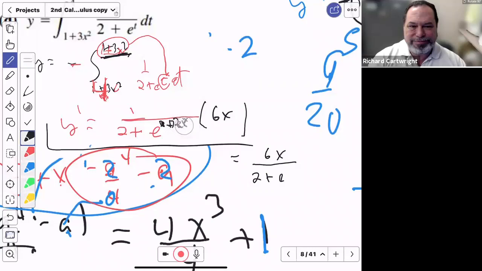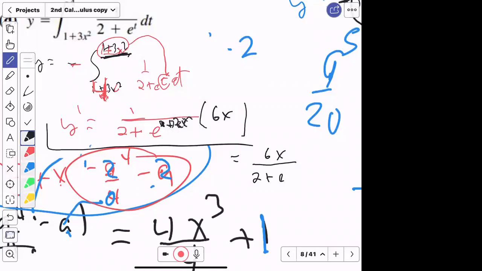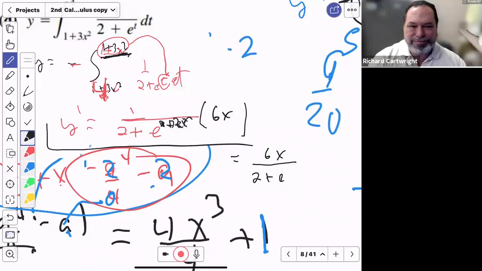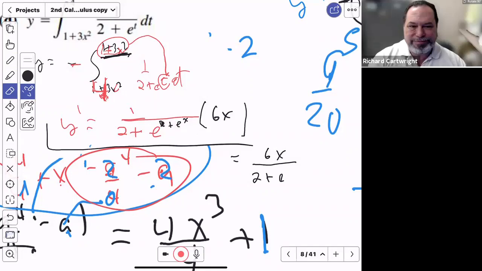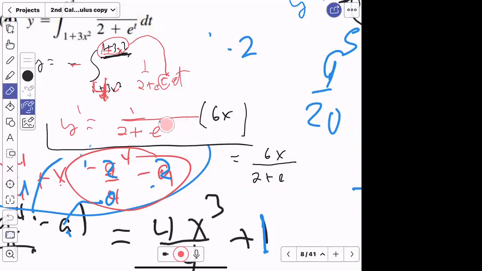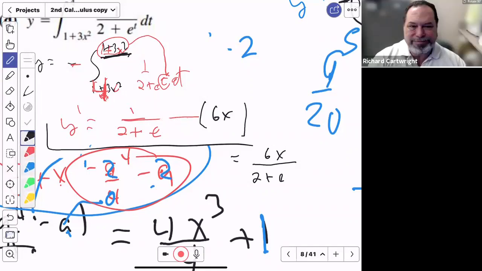Sir, it's 1 plus 3x squared. Okay, I see it now. My eyes just cleared up. I was going to say that you were putting the bottom function. Yeah, you're right. When you're old, you're allowed to make mistakes, because we're old.